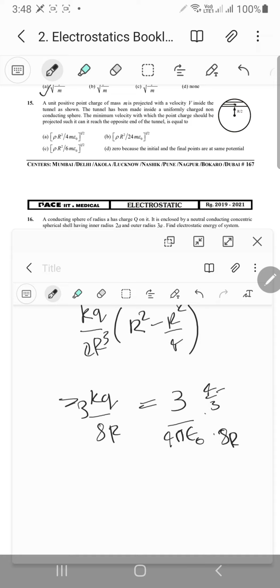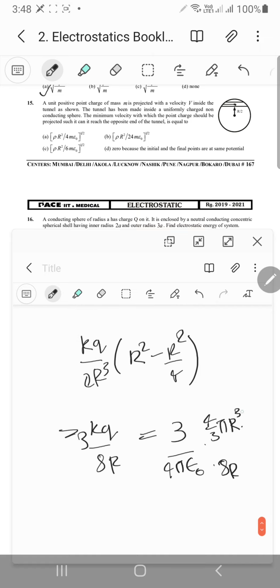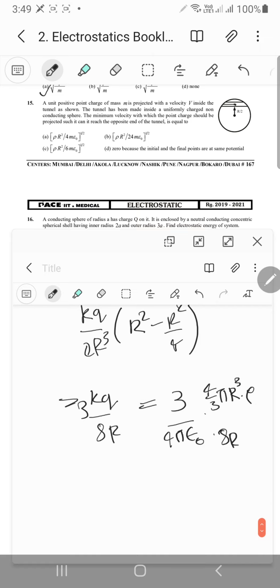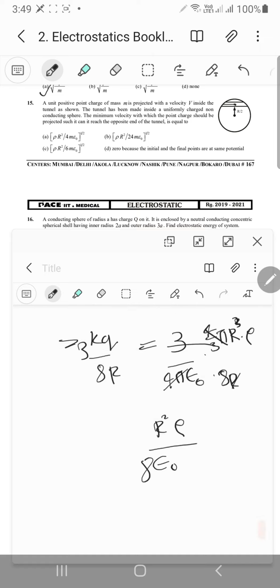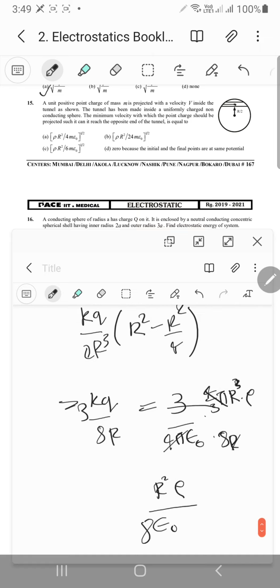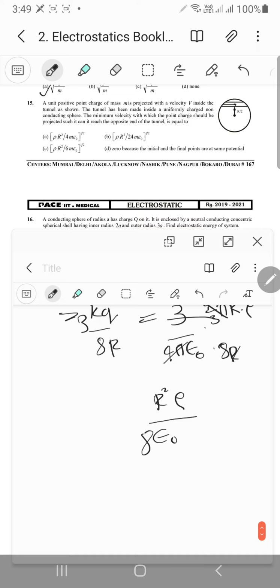Q is 4 by 3 pi R cubed into the charge density, which is sigma. So that cancels, this cancels as well, and it becomes R squared. So it's going to be R squared sigma upon 8 epsilon naught. Nice. So that's the potential energy difference, both the same for a positive charge.